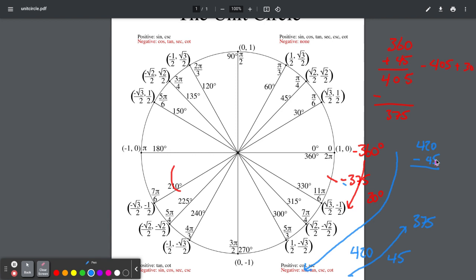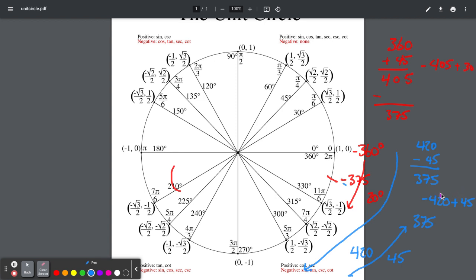When I do that, that takes me down to 420 minus 45, which also takes me back to 375. So my two angles there would be negative 420 plus 45. Either one of these would actually work for the problem that you're working. It doesn't really matter either way.